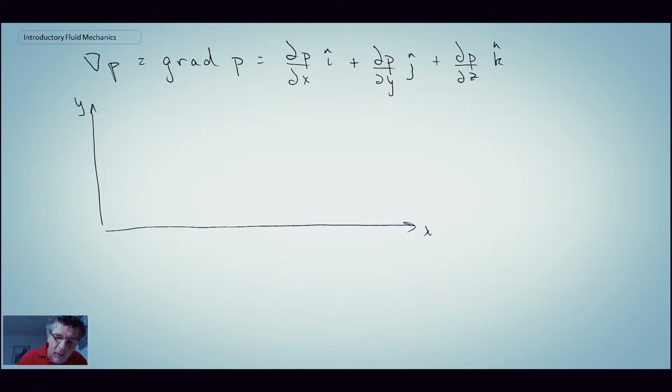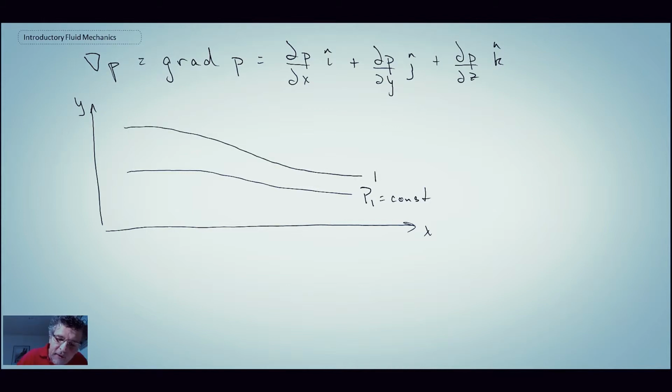So here we have our coordinate system. And we're going to assume that we have isolines, so lines of constant pressure in this field. So we'll have P1 equals a constant. Then we'll have another line, that would be P2. And finally, we'll have another line up here, that would be P3.